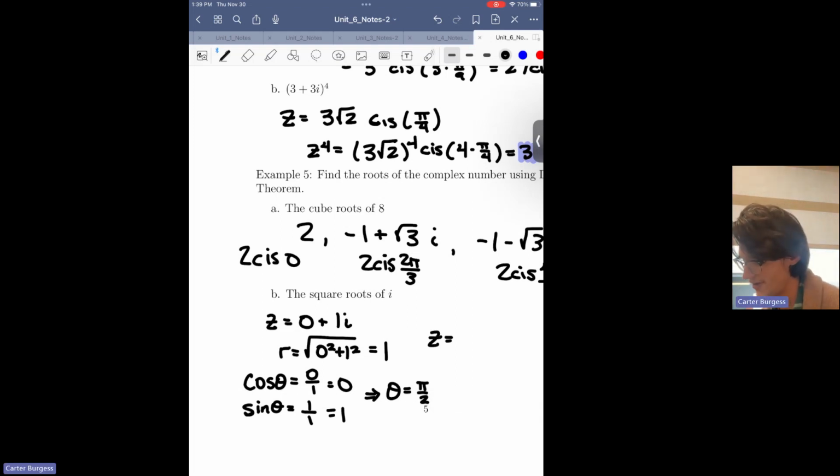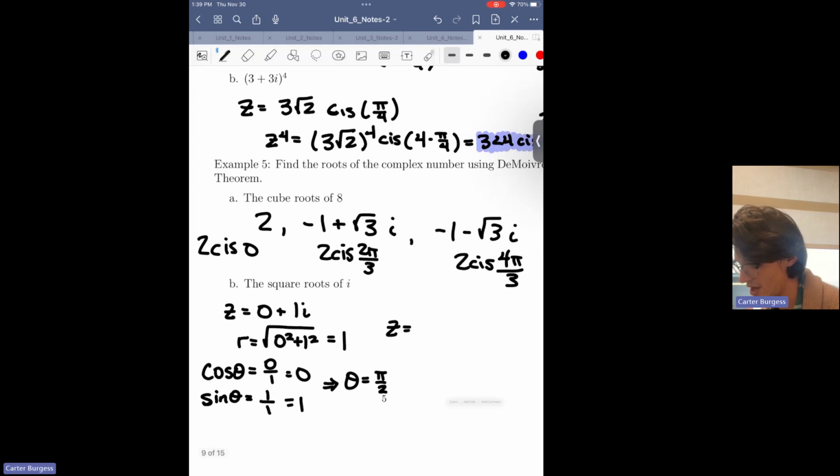So the two values of z that we are going to be working with are 1 CIS of pi over 2, and 1 CIS of 5 pi over 2. What power are we raising this to?